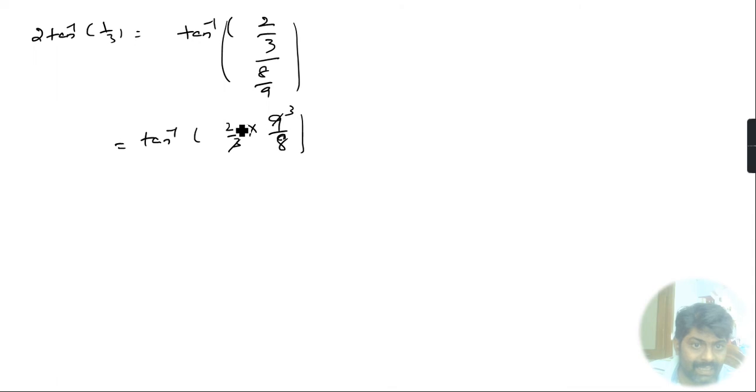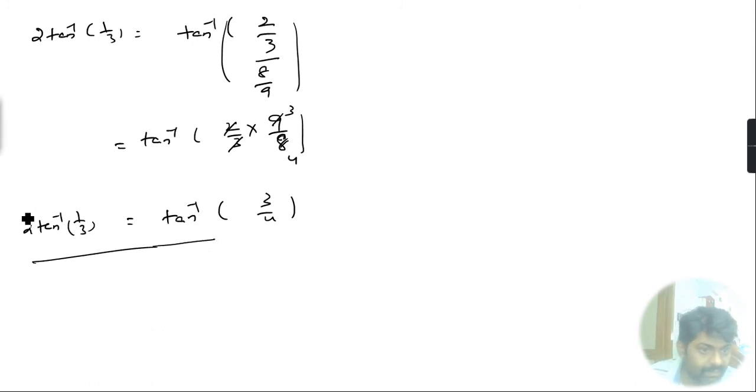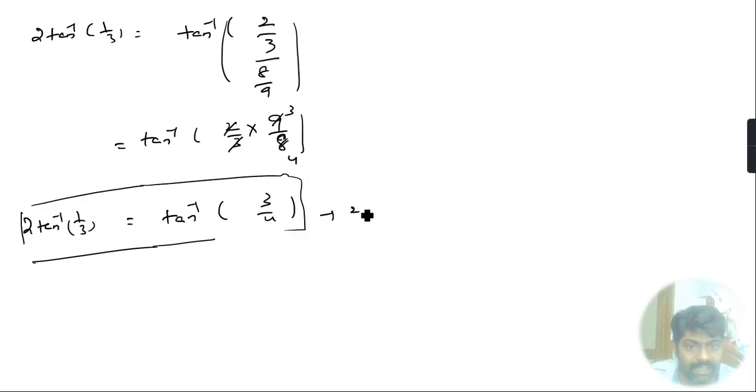3 1 jar, 3 3 jar, 2 1 jar, 2 4 jar. Finally we get that tan inverse of 3 by 4. That is 2 tan inverse of 1 by 3. Taken as 2. Substitute equation 2 in 1.